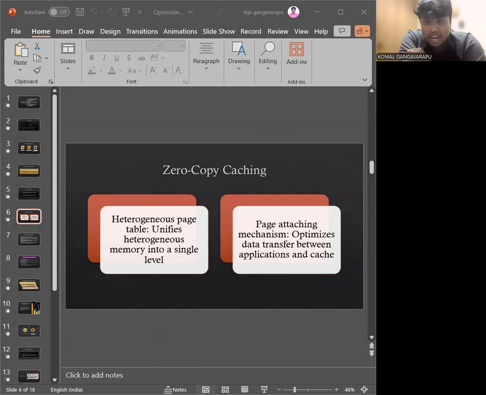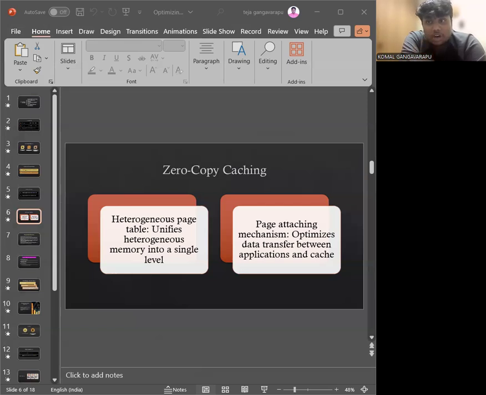Zero copying caching addresses the high data transfer overhead by eliminating unnecessary data movements, thus significantly improving efficiency and speed. This comes under the heterogeneous page table and the page attaching mechanisms. Let's start with the heterogeneous page table, which unifies the heterogeneous memory into a single level.